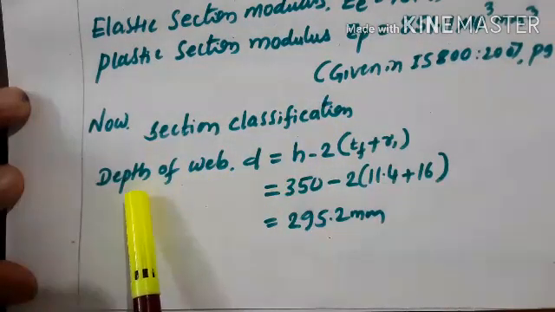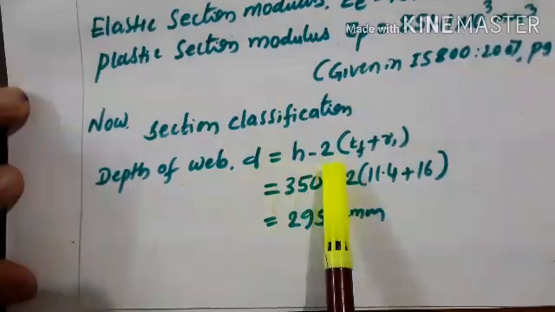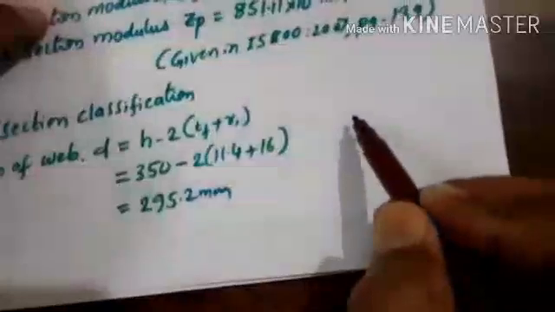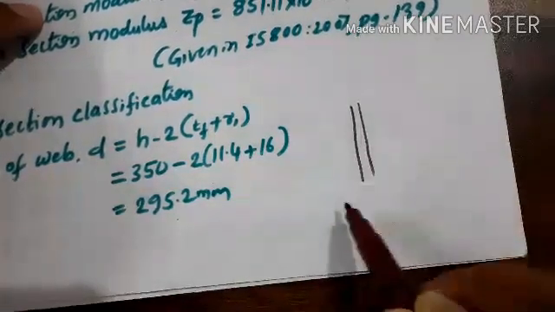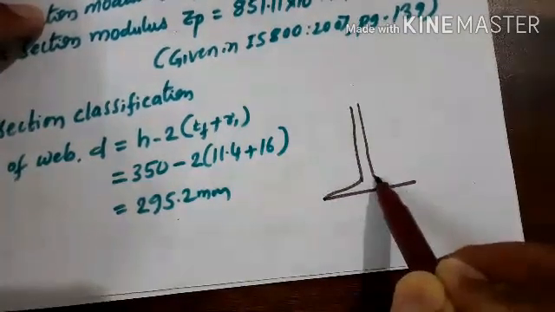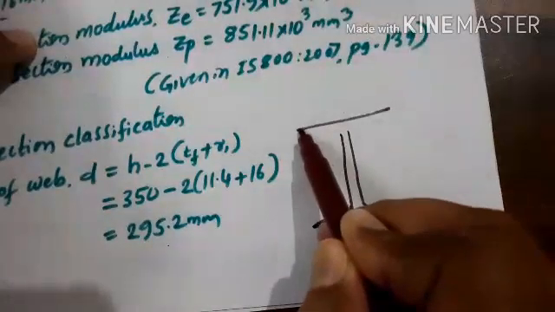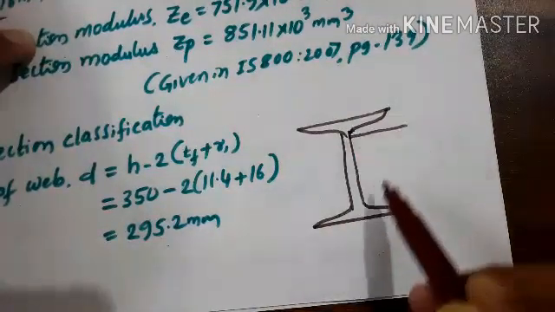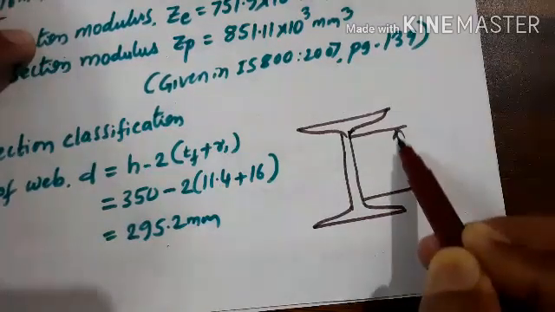For that, calculate the depth of the web, and you know how to calculate the depth of the web. Again, just for the I section, this is ISLB. So from here to here is the depth of web.